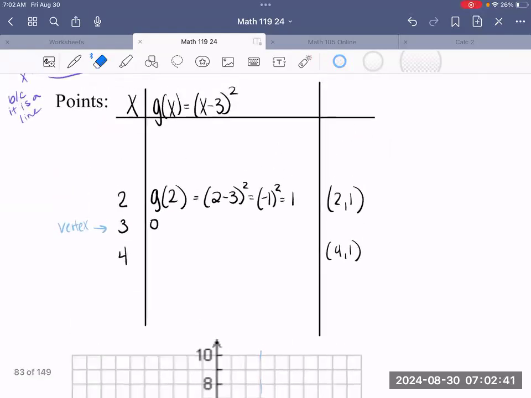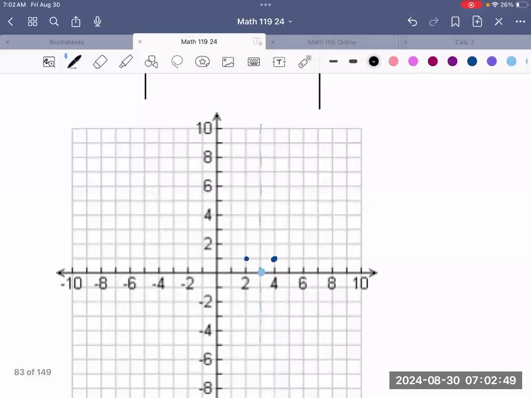Now I do ask that you graph usually a minimum of 5 points. So then we can start to expand. What are some other points? If we have 1 to the left and 1 to the right, we might want to consider going 2 to the left and 2 to the right, or maybe 3 to the left and 3 to the right.